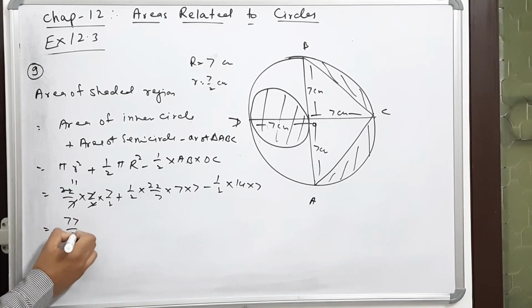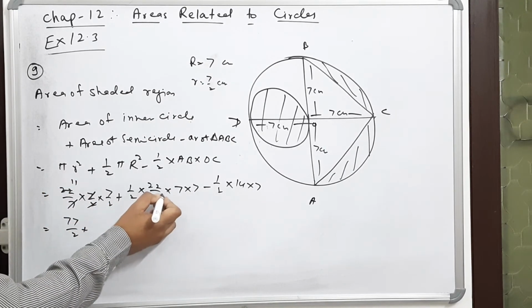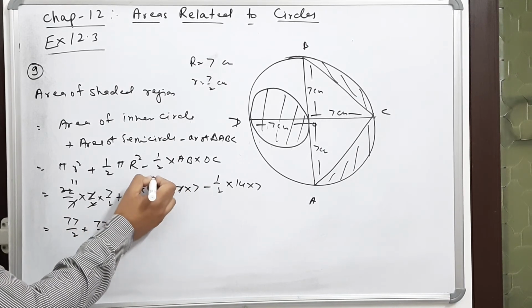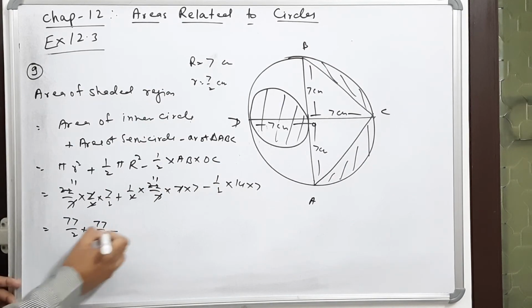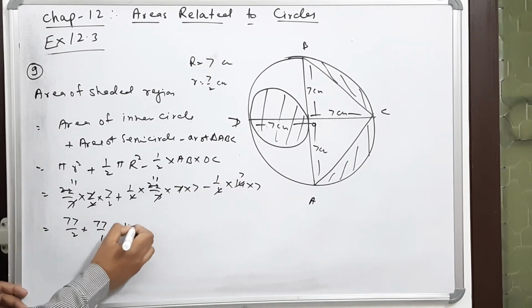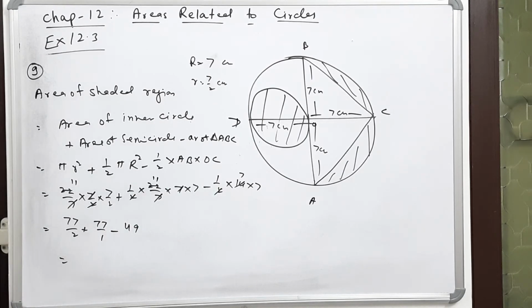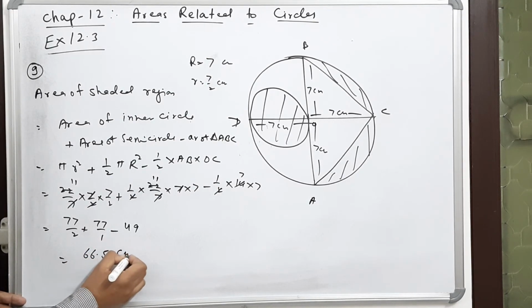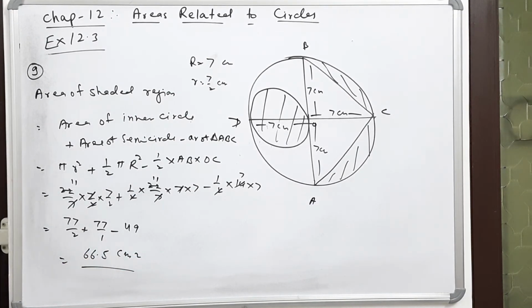So 77 upon 2 plus 7 and 7 cancel, 77 upon 1 minus, this is 7, so it is 49. So that is the final part, and if you simplify this, the answer will be 66.5 centimeter square, which is not a big part. You can simplify this by taking the LCM and you can get the answer.